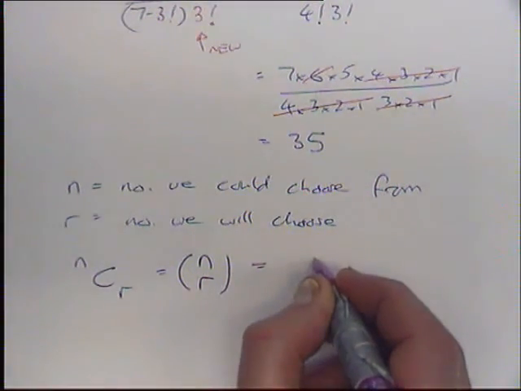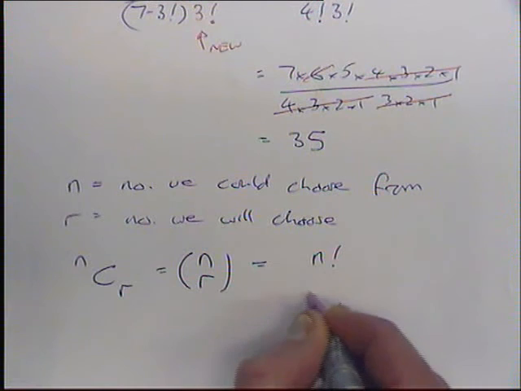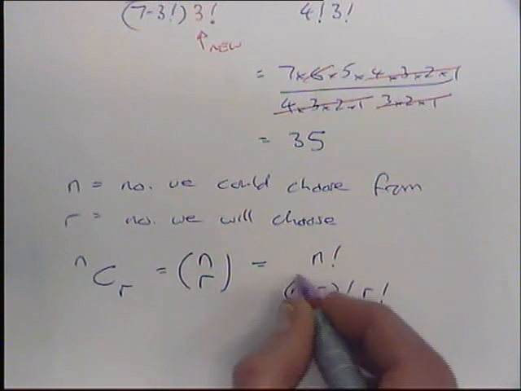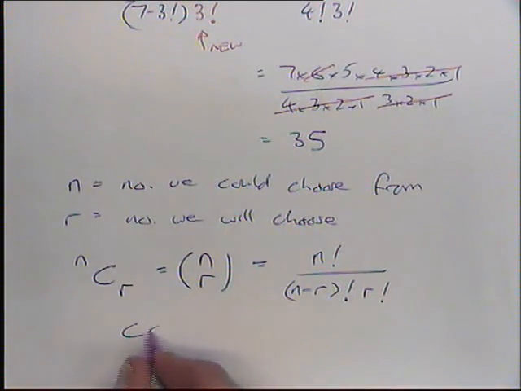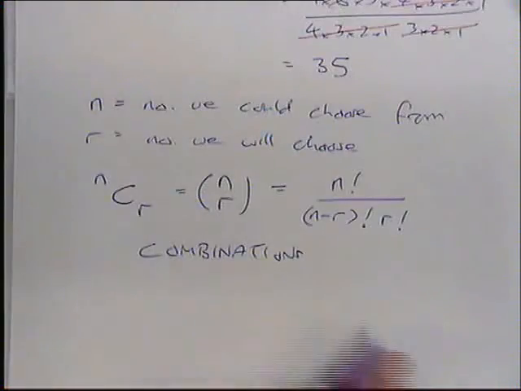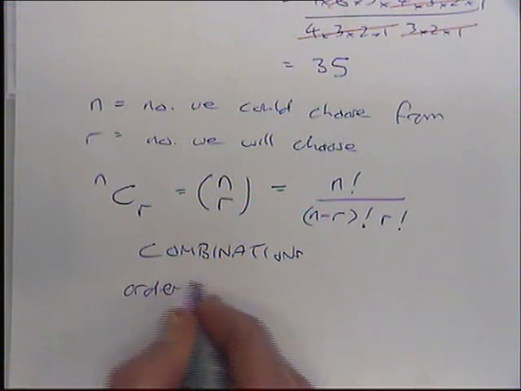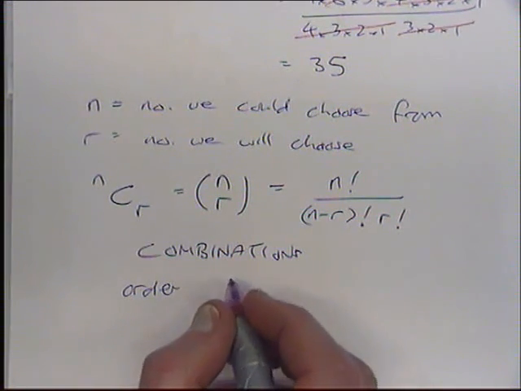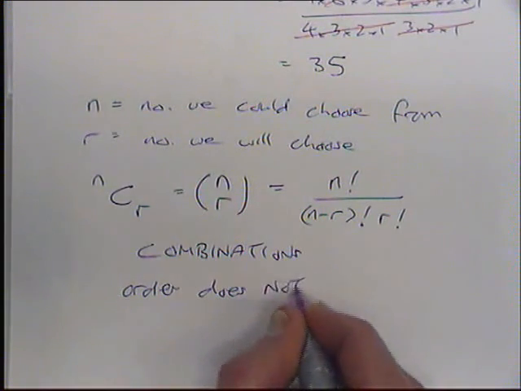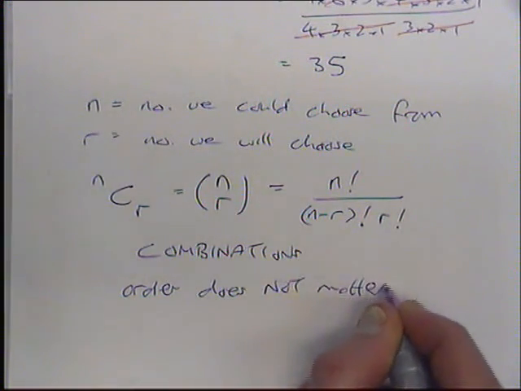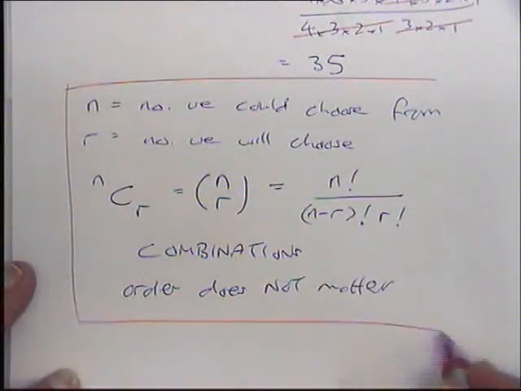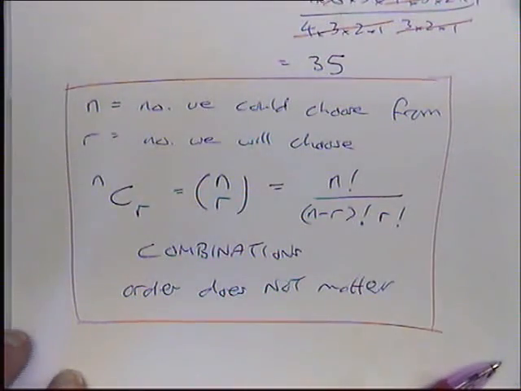And the formula is n factorial divided by n minus r factorial r factorial. And that is the formula for combinations. And for combinations, order does not matter. Okay? So, if you sort of put that bit there in a red box, that is your sort of combination summary. I'm just going to pause the videoing at that point.